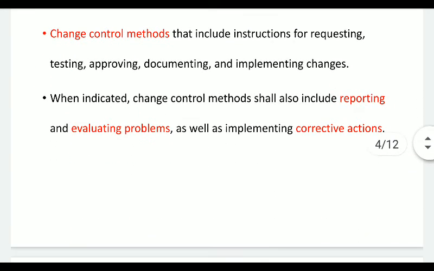Change control methods that include instructions for requesting, testing, approving, documenting, and implementing changes. First you have to understand what change control methods are. Change control is a systematic step-by-step process to bring change into already approved standard operating procedures.